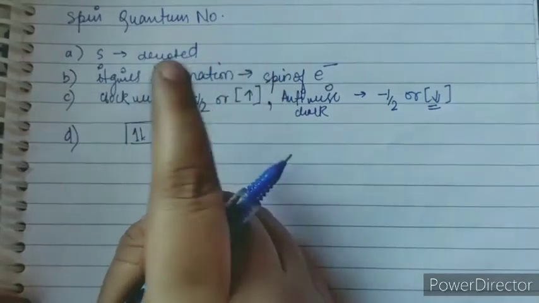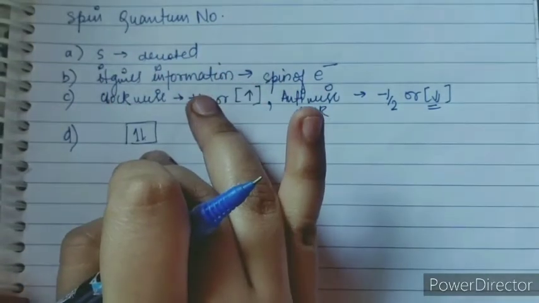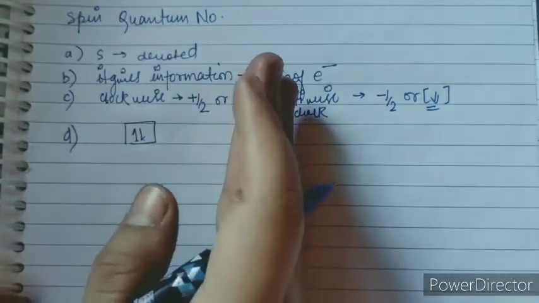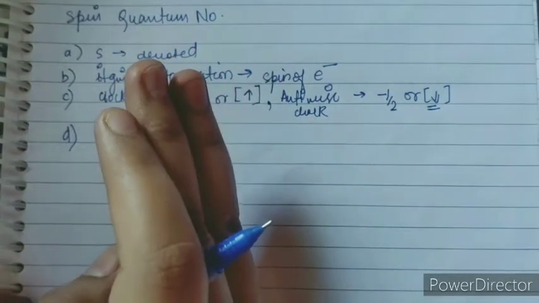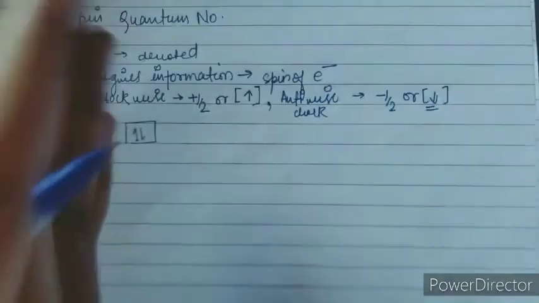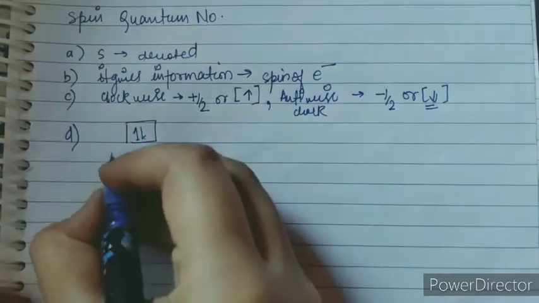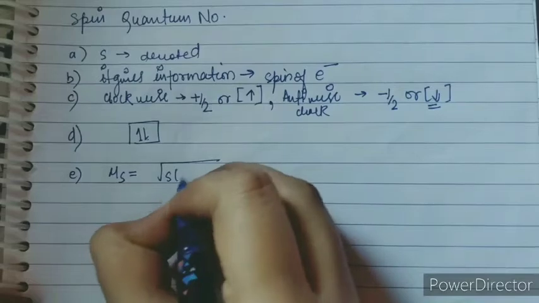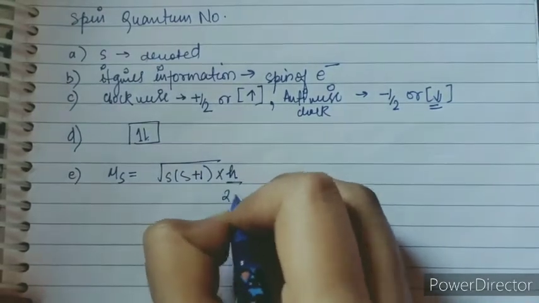The angular momentum of an electron is not only due to the motion around the nucleus in an energy level, but also due to its rotation about its own axis. The angular momentum that arises due to rotation of the electron about its axis is called the spin angular momentum, and we can calculate it by the formula mu s equals under root s(s plus 1) multiplied by h upon 2 pi.